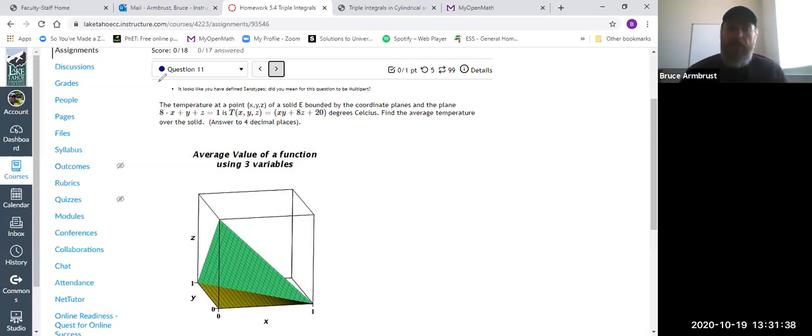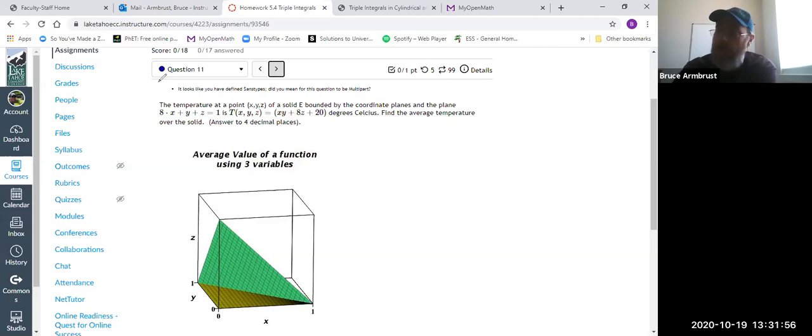All right, now I've not talked about average values. This is definitely one of the applications of triple integrals, to find averages over volumes.